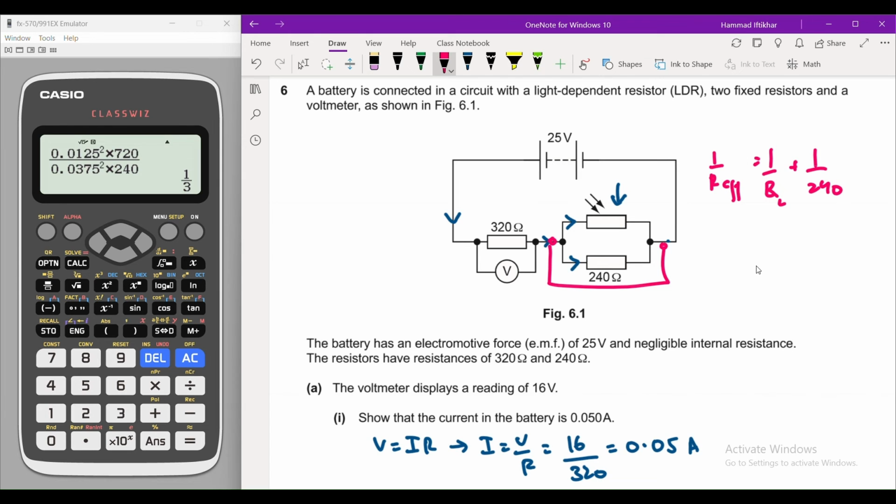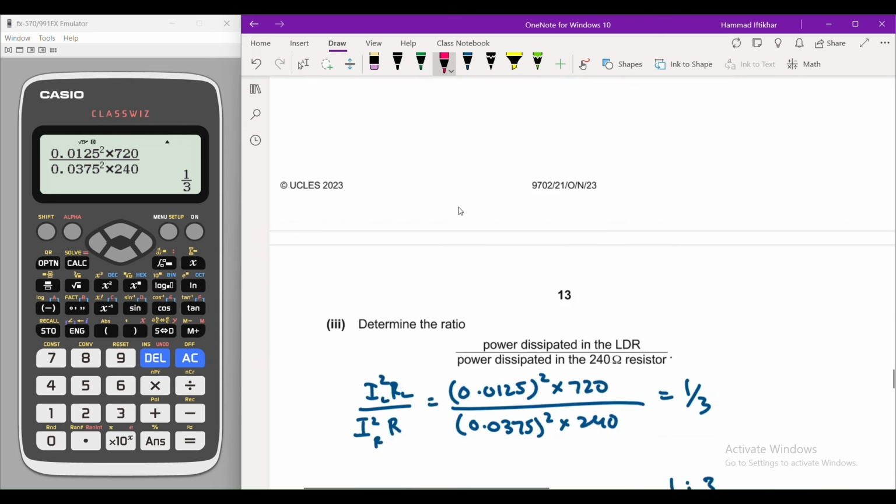So if the LDR's resistance is decreasing, it will further decrease the resistance of this combined branch. When the parallel branch's combined resistance decreases, the voltmeter reading will rise because the potential difference across the 320 ohm will increase as compared to that.